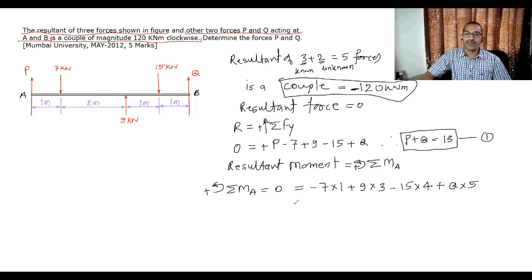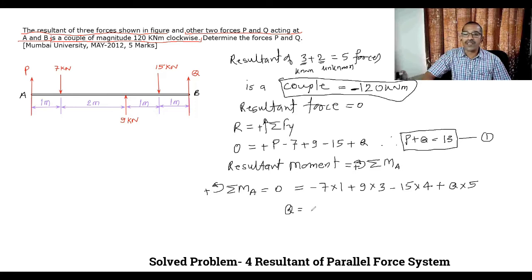So we will get 5Q, and from that we can find Q. Whether Q is positive or negative is very important. When we check this Q, the answer comes out to be negative.